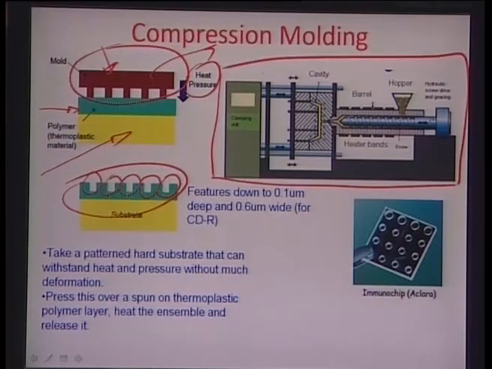So, if you see this illustration here, there are two dies which are mating components, and there is a small gap in this region between the dies, which is the shape or the feature which has to be replicated. So, a polymeric material which is normally in solid form is dropped into this hopper, and this lead screw essentially transfers the material by first melting it and then constantly feeding it into this small cavity.